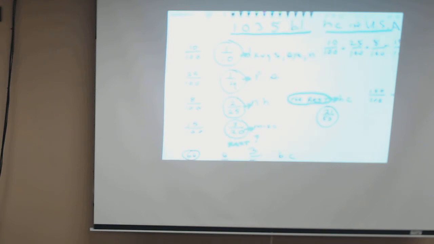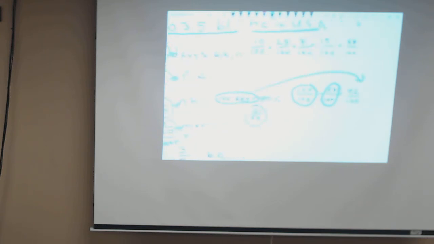But if I change these to a common denominator, which is hundreds, 10 over 100, 25 over 100, 8 over 100, 15 over 100, and I add those up, I get 35, 43, 58.